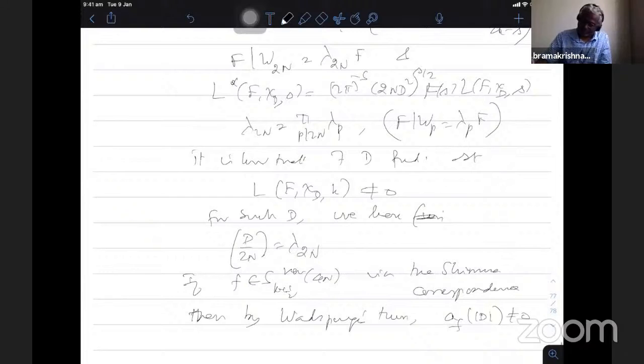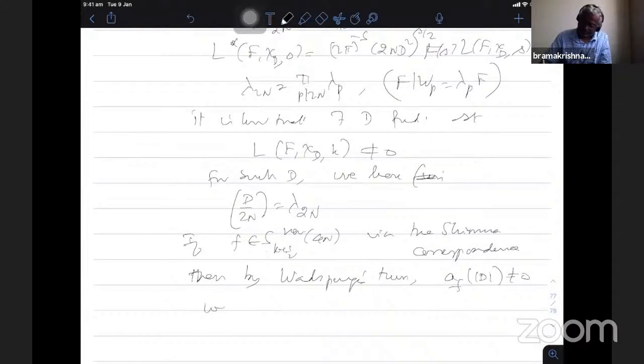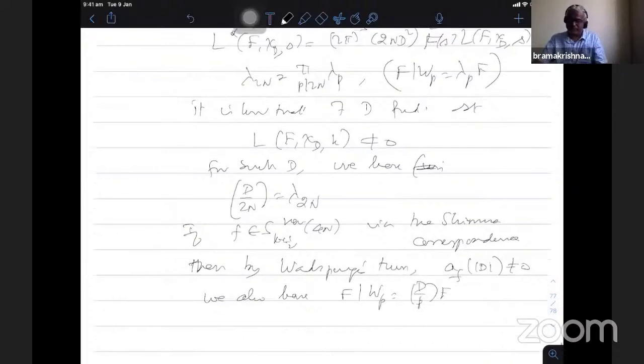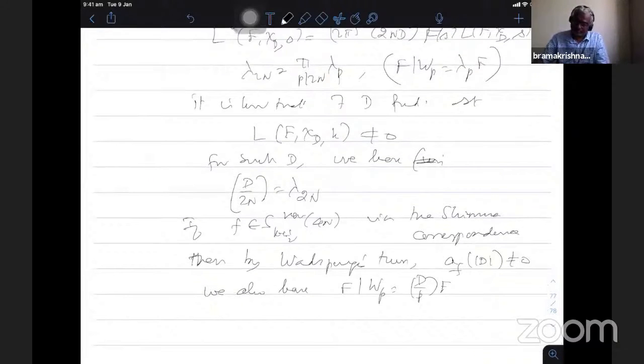So note that in this case, we also have F|W_p is (D/p) F. When you look at this condition, the λ_p goes away. This is equal to λ_2 times the product over p dividing n of (D/p).